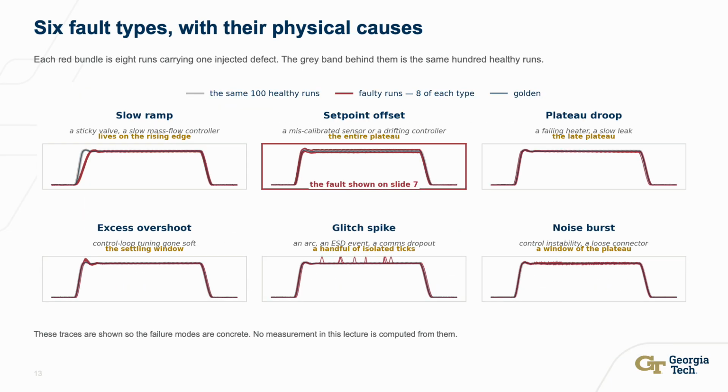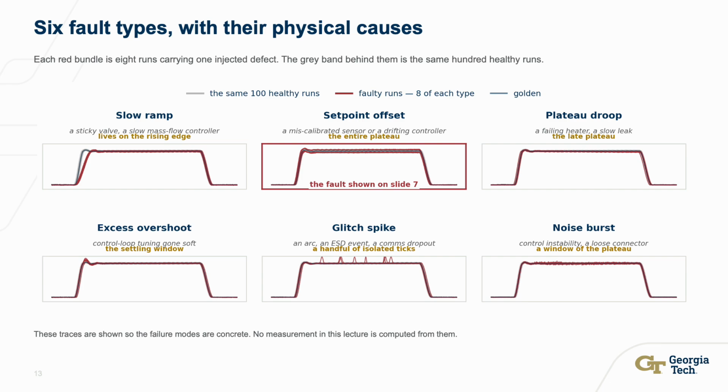Before we start modeling, here is what actually wrong looks like. 6 fault types, each with the physical cause underneath and the phase it lives in. Slow ramp: a sticky valve or a weak drive, so the signal takes longer to reach the set point. Set point offset, a miscalibration: the plateau holds at a wrong level. That is the one from slide 7.